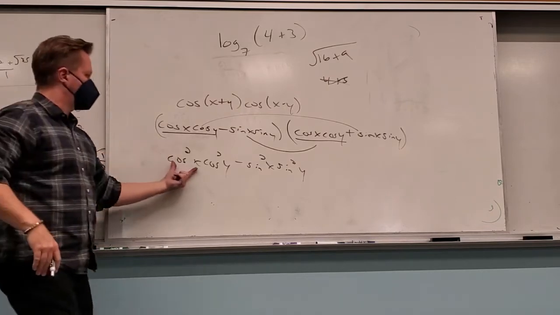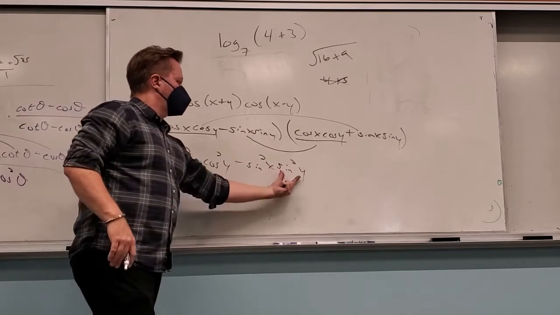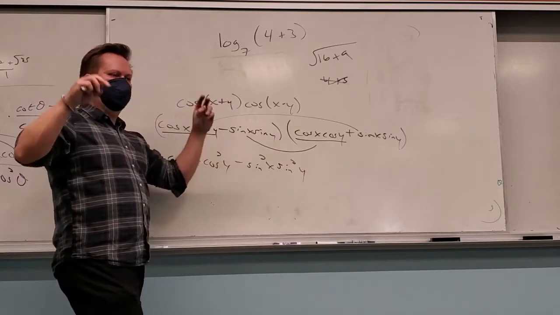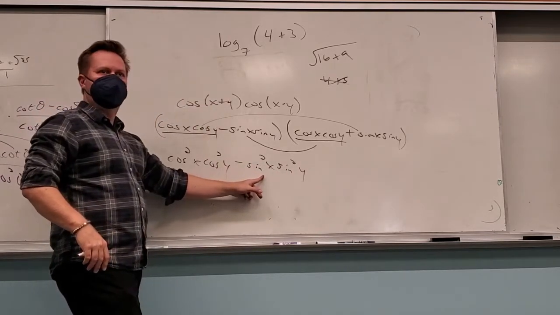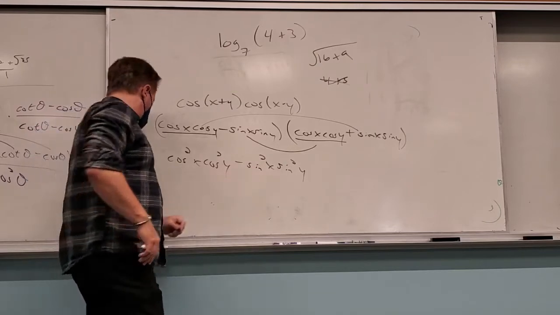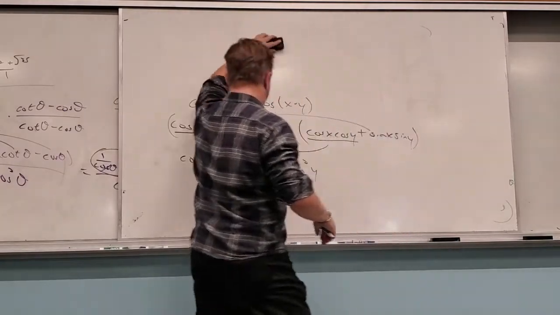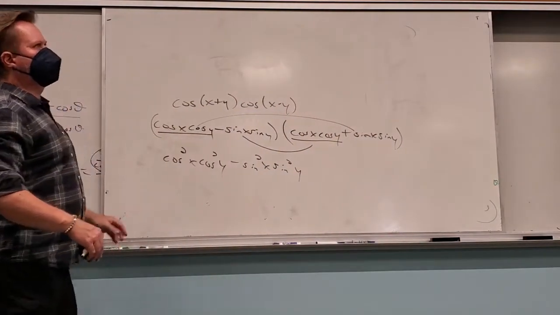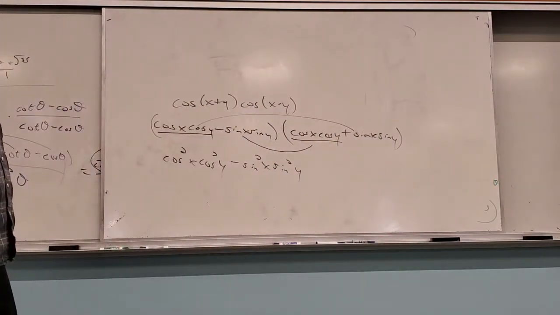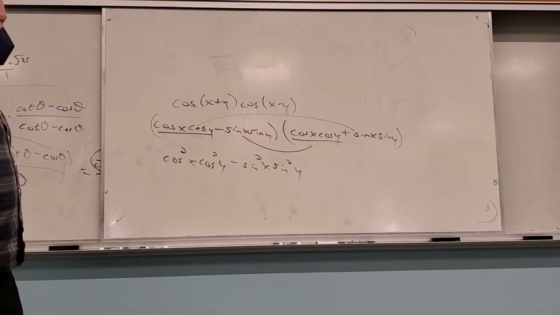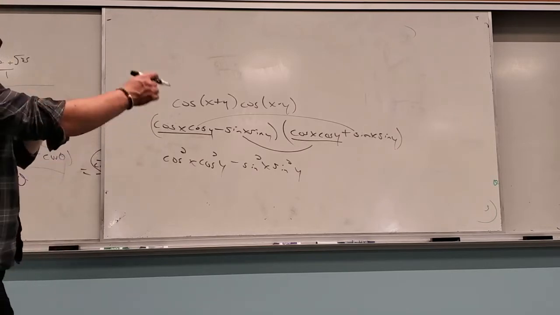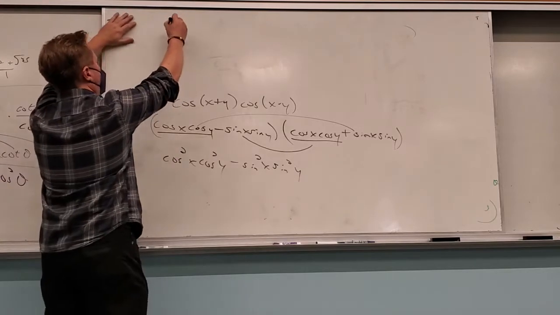Do you see, there's cosine squared x, and there's sine squared y, but how do I get rid of these two things? So let me see, how can I tell you this without just doing it? Well, let's try something.